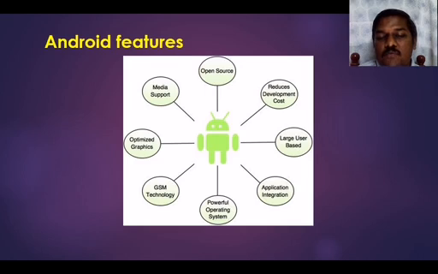Then the powerful operating system. Actually GSM technology plays a major role in the Android OS. Global System for Mobile communication is a SIM card based technology, which is opted for by various service providers.